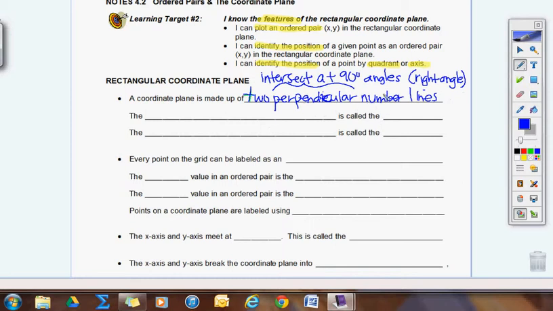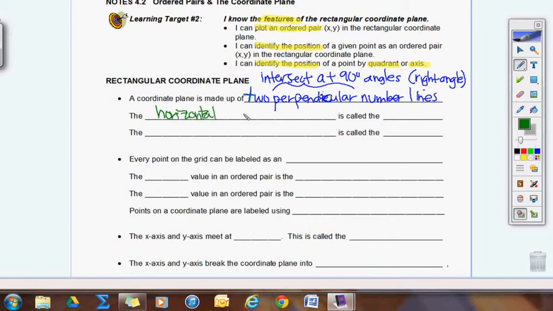In chapter 3, we were using a number line to graph inequalities with the open dots, solid dots, shading, and now we're going to look at two perpendicular number lines. One of them will be horizontal, just like we did in chapter 3.